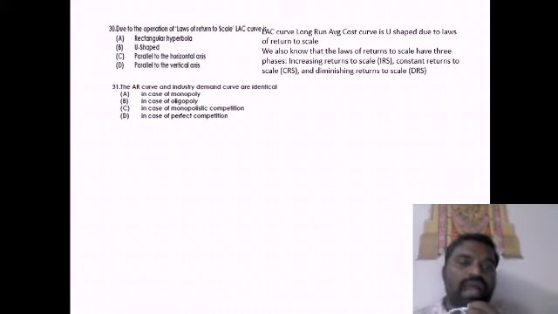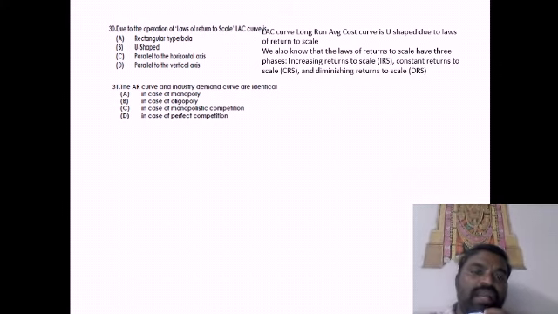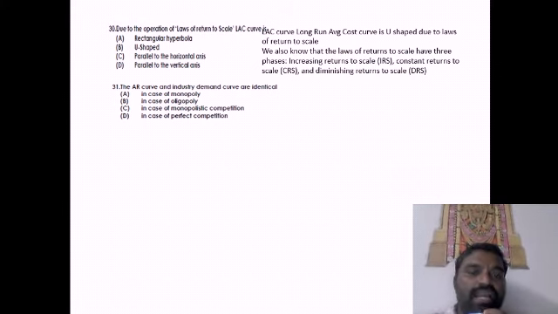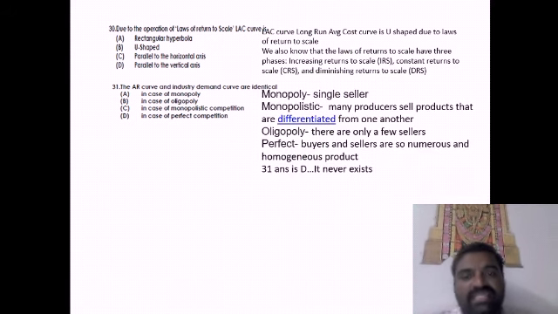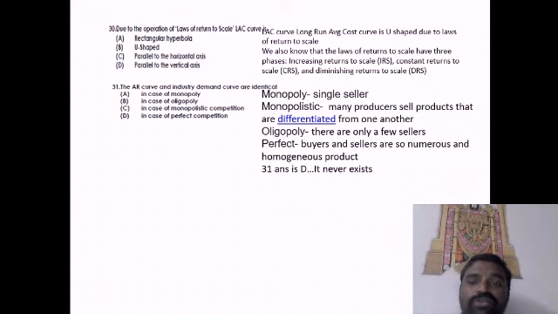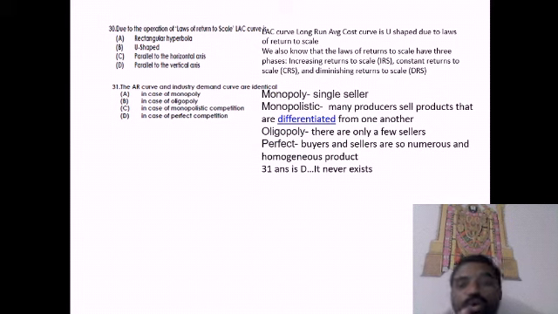Next, the AR curve and industry demand curve are identical in the case of, see, again here I am telling: monopoly is the single seller. Monopolistic means many producers sell products that are differentiated from one another. Here there is no homogeneity.